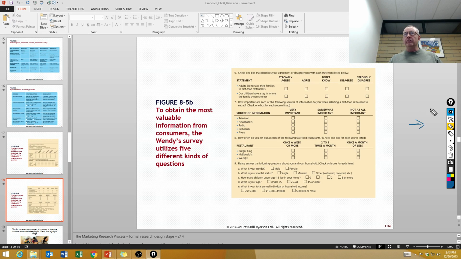Okay, then the third method of research is the observational approach. And the observation approach is what it kind of implies, that we watch people, how they behave. And we can watch how people behave either by physically watching them in person, or we can use some kind of mechanical or electronic means for watching their behavior.